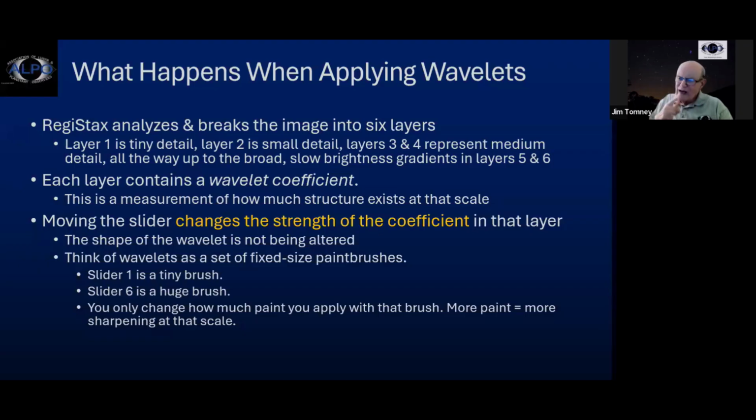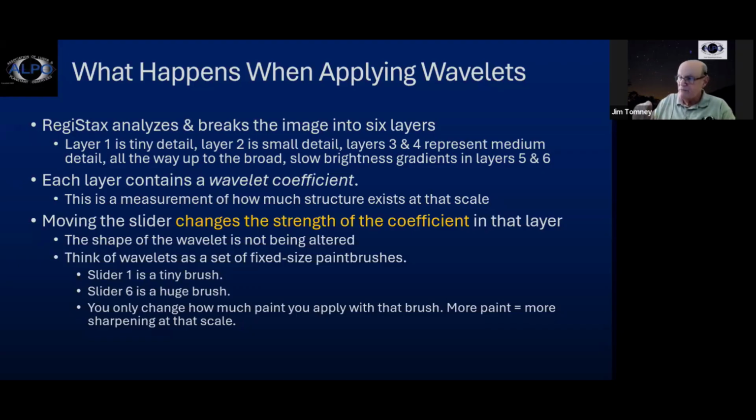And so when I'm sliding that slider in RegiStax, as I move to the right, what I'm basically doing is changing how much paint I'm going to apply with that brush. So more paint is going to be basically more sharpening. It's going to add contrast.